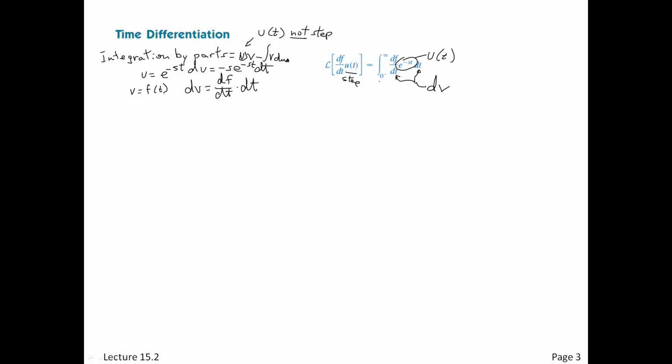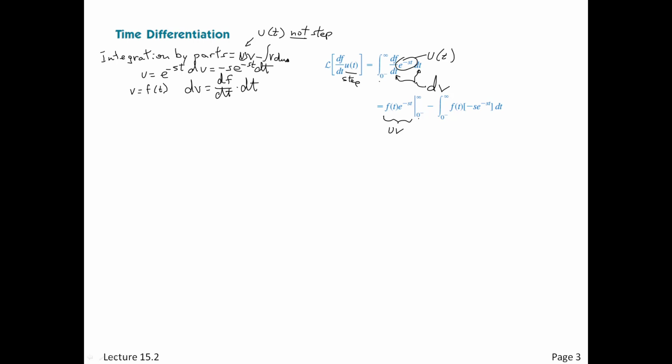Okay, so when we do this, we plug it into the formula. We're going to get this. Okay, so let's identify what happened here. This is uv, right? And now notice we have to evaluate it because it's as though it were integrated, right?